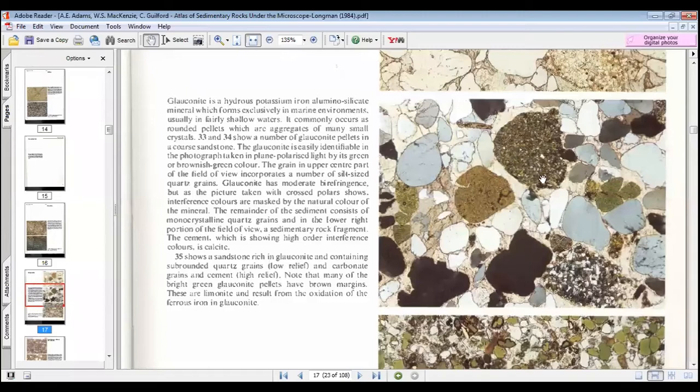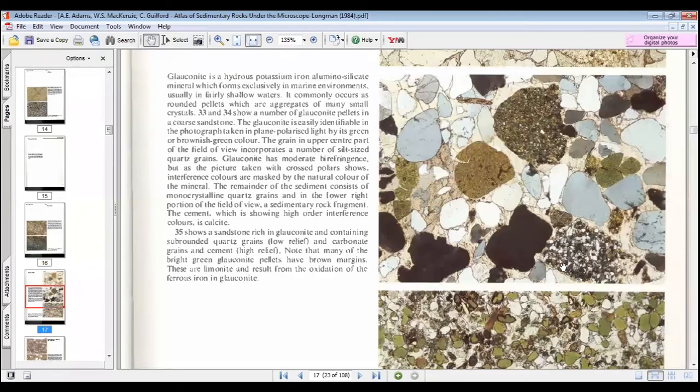You can also see birefringence, the coloration of this mineral, the range of colors like very light green, medium green, and then dark green. You can also notice here some aggregates of quartz, maybe a fragment from an already existing sandstone cemented with clay.